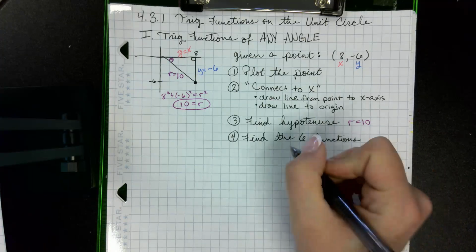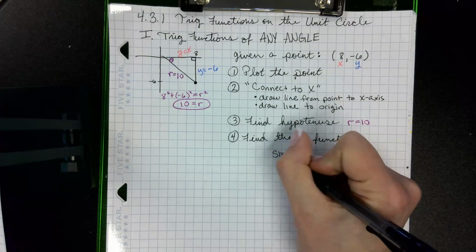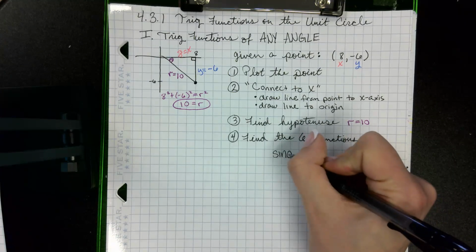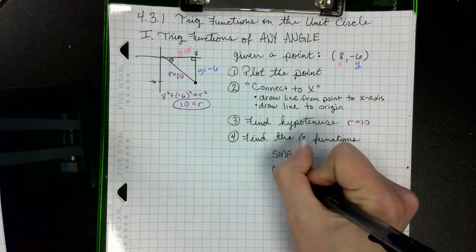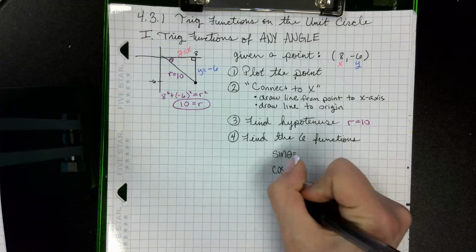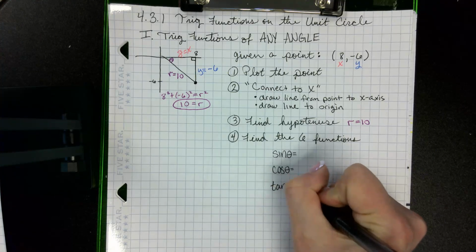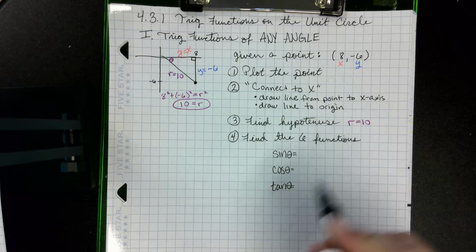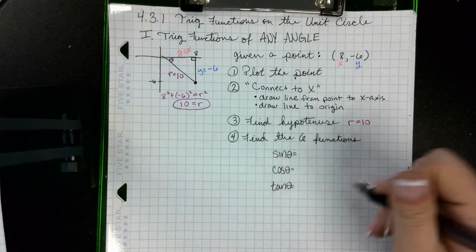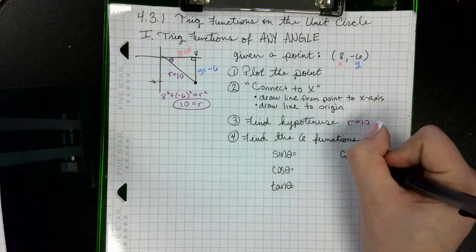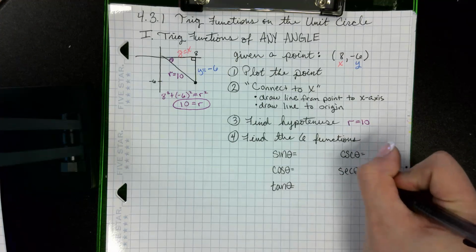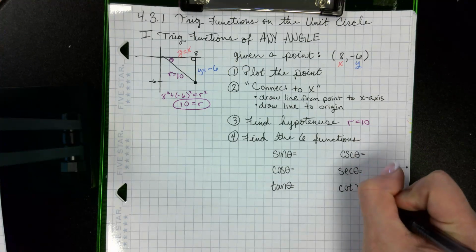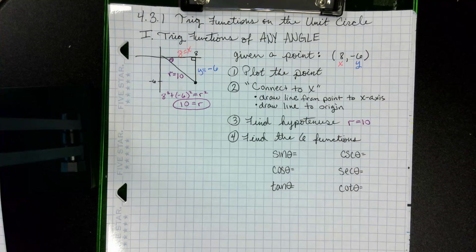So I'm going to set it up: since we don't know the angle, it's sine theta equals, cosine theta equals, tangent theta equals, and then leave some space, because we're going to write some stuff in there, cosecant, secant, cotangent. So we set it up for our 6 trig functions.